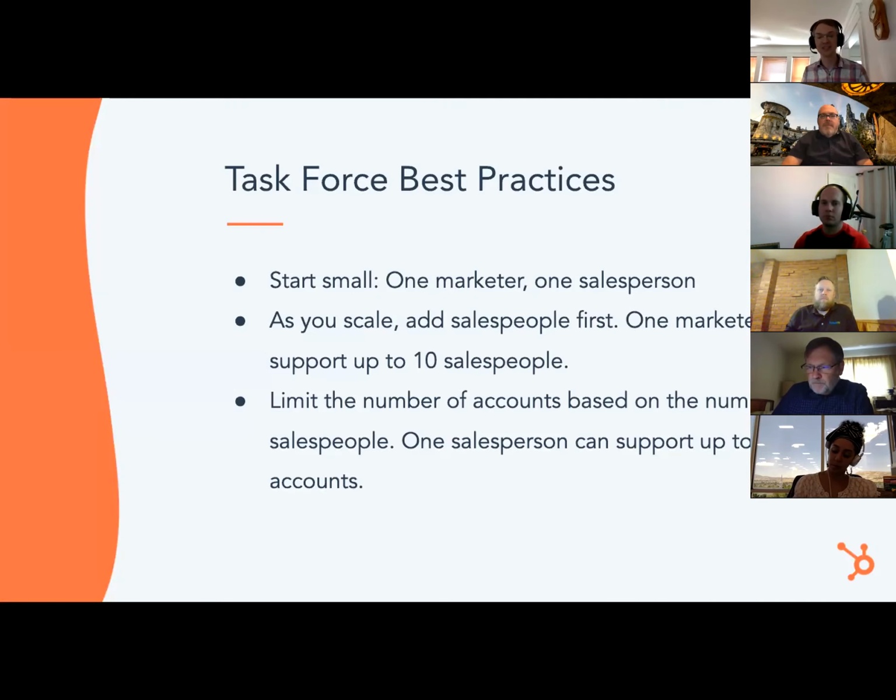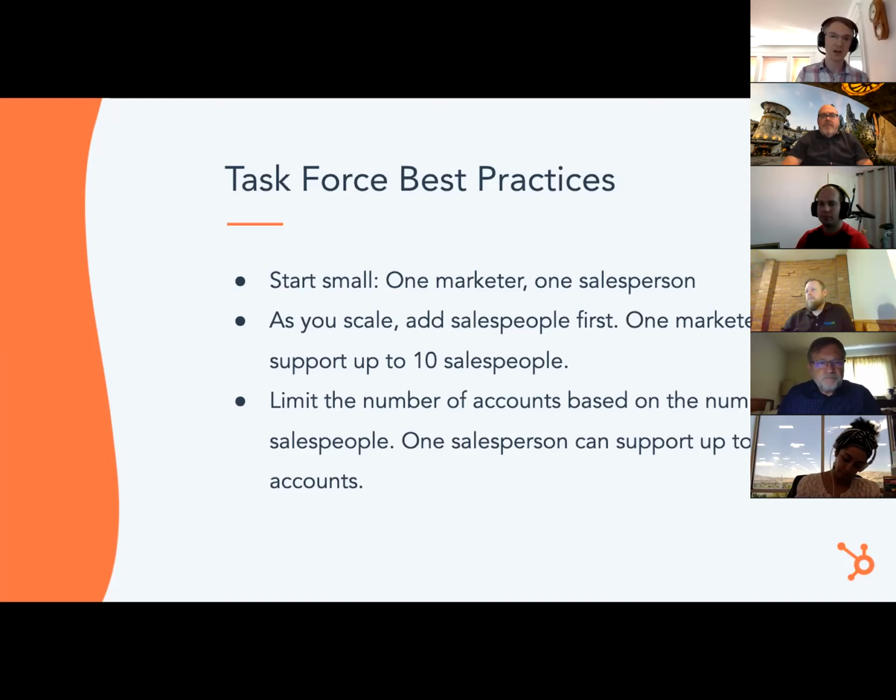If you're looking to get started with ABM, start small with just one marketer, one salesperson, give them a list of 10 accounts to target, and let them operate as though those 10 accounts are the only businesses in the whole world. As you scale up, you'll want to add salespeople first. A good marketer can support a lot more accounts than a salesperson. When you're going for this really personalized, individualized attention that ABM demands, at a certain point, you can only scale that by adding headcount.